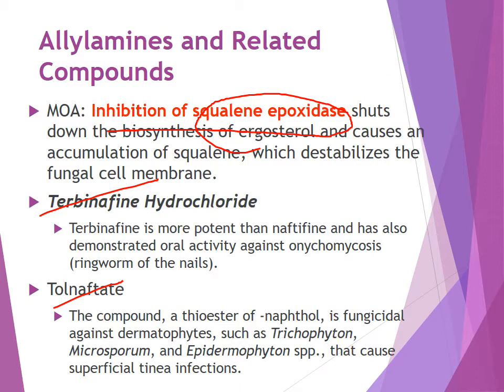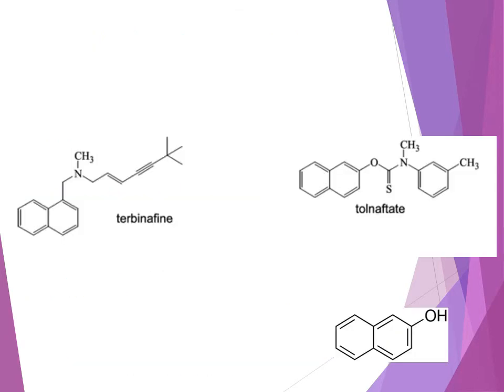So aside from terbinafine and tolnaftate, we also have your naftifine. Both naftifine and terbinafine have been approved as topical agents for the treatment of tinea pedis, cruris, and corporis caused by Trichophyton rubrum or Trichophyton mentagrophytes or Epidermophyton floccosum. So ito po ang structure ng terbinafine, tolnaftate.